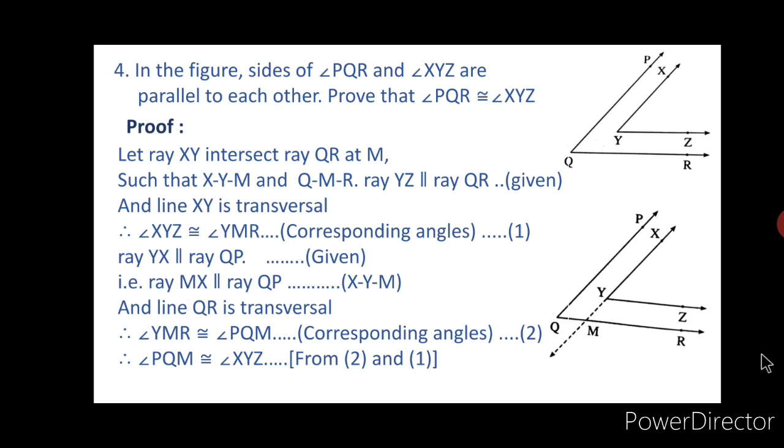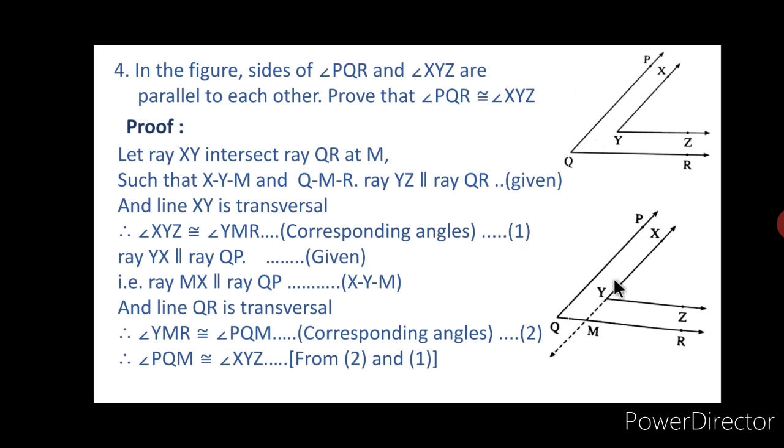It is given to us in the example, and line XY is transversal. Then here we get the corresponding angles, that is angle XYZ is congruent to angle YMR. It is the first statement.